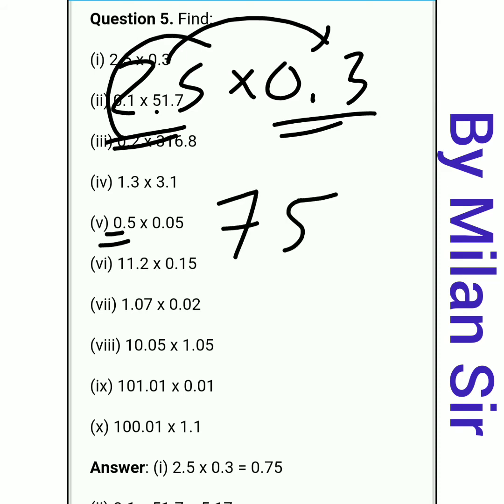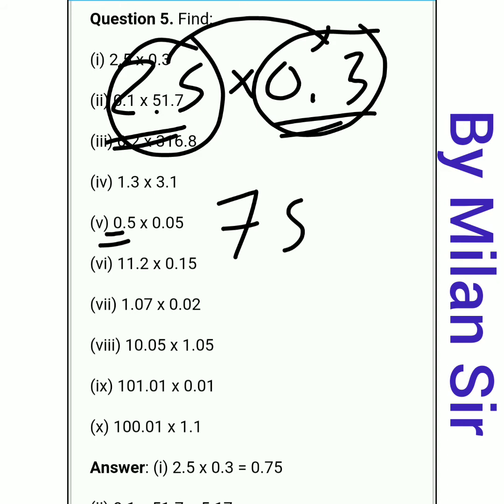In the first number we have the decimal point before one digit, and in the second number we also have the decimal point before one digit. In 2.5, we have one digit after the decimal point, and here too we have one digit after the decimal point.